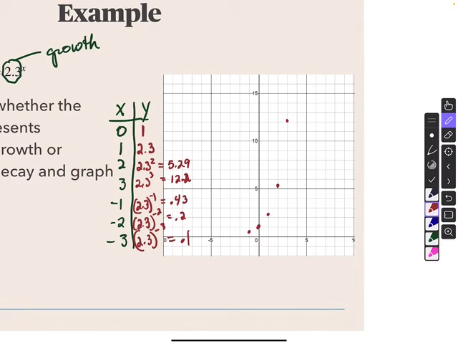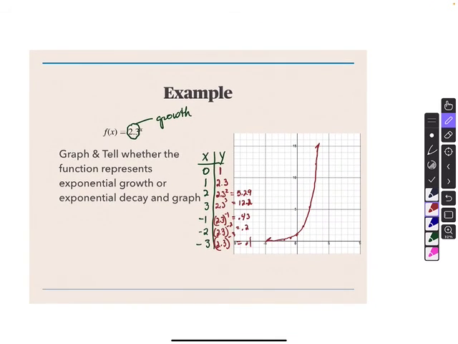At negative 2, I'm at 0.2, so just barely above it, and I'm getting really close down there. And there's my graph. So it doesn't take very long to draw these things. I'm going to throw in that asymptote. That's going to be handy later on, so we might as well get used to it. That's right at y equals 0.